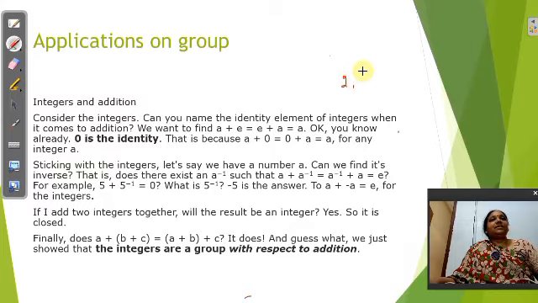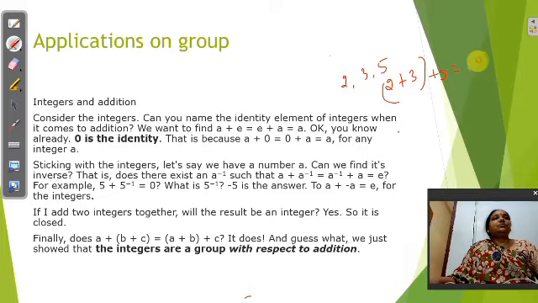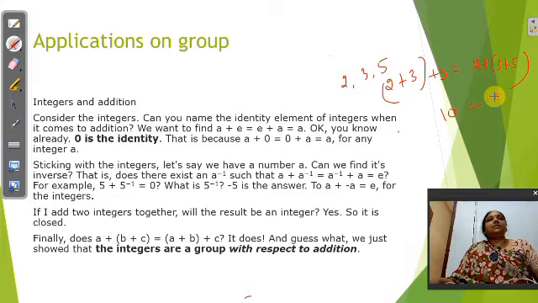Taking 2 comma 3 comma 5, I am adding by changing the order of those three elements: (2 plus 3) plus 5 is equal to 2 plus (3 plus 5). Now the sum on both sides is 2 plus 3, 5, plus 5, 10 is equal to 10. So on both sides the sum of the elements is equal.